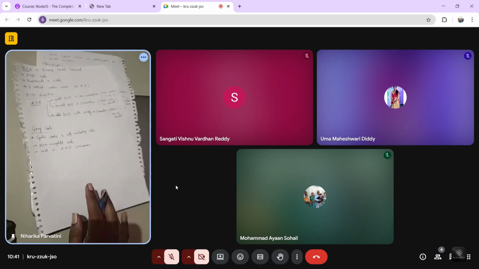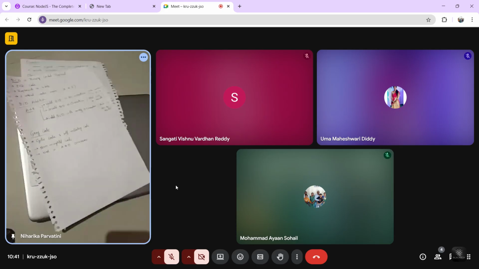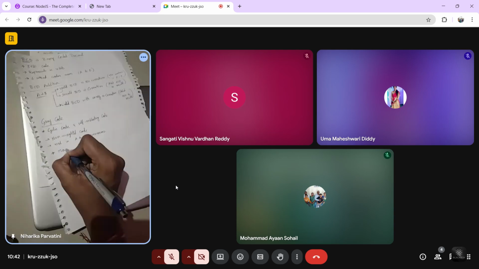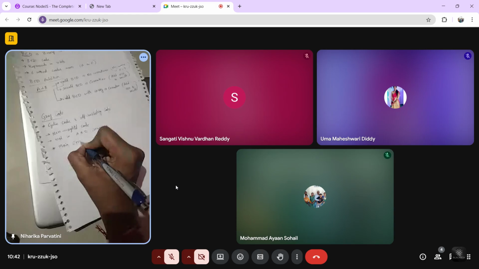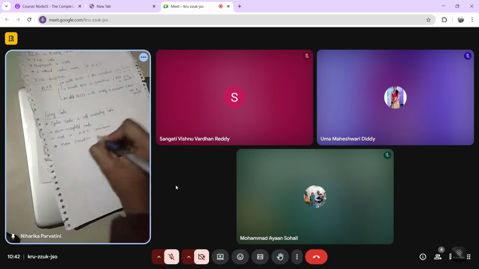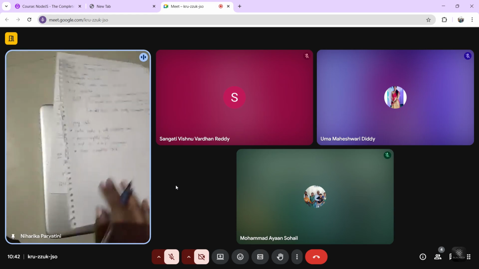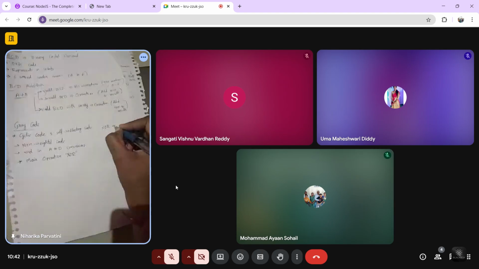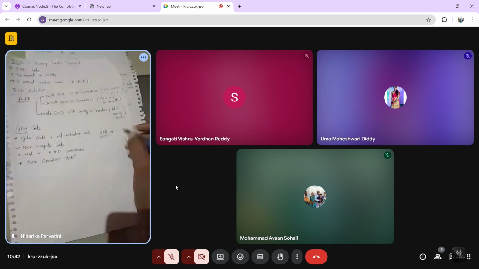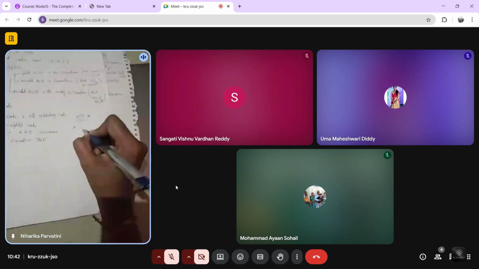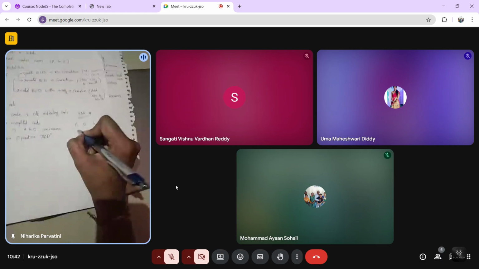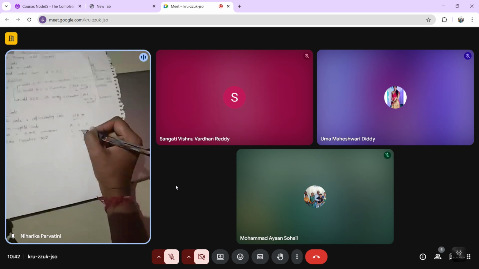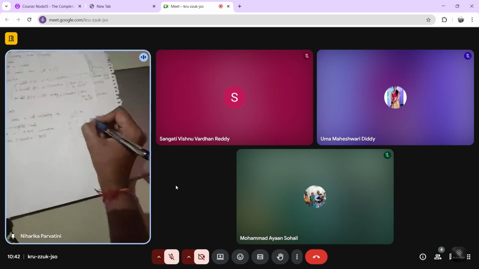Okay. And in this, the main operation is the XOR operation. What is XOR first? Let's take two inputs and the output is Y. If both the inputs are the same, then the output is 0.